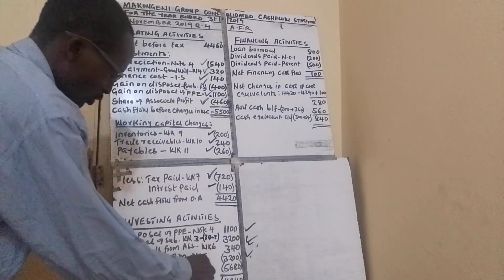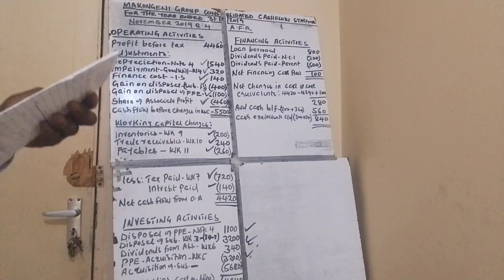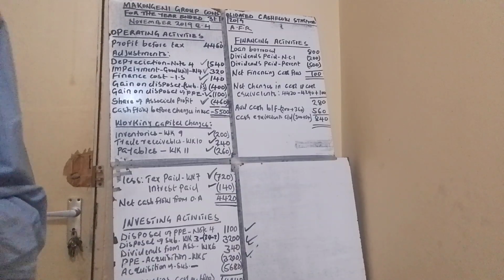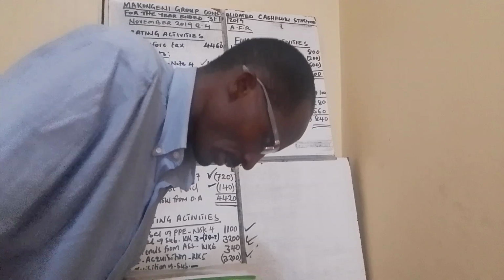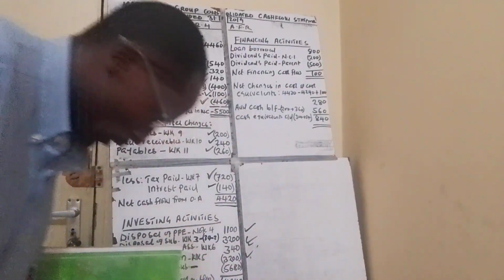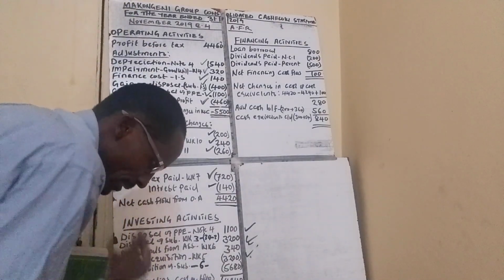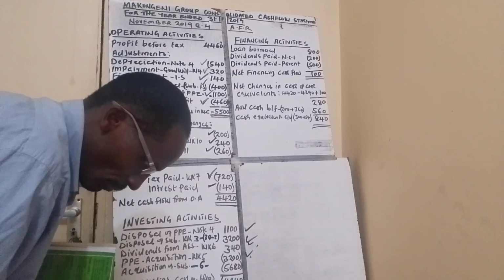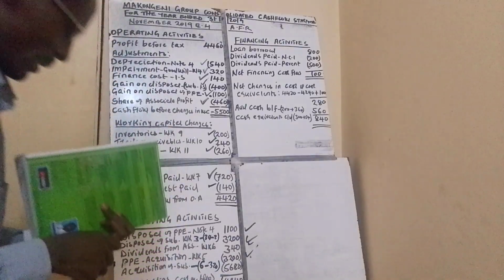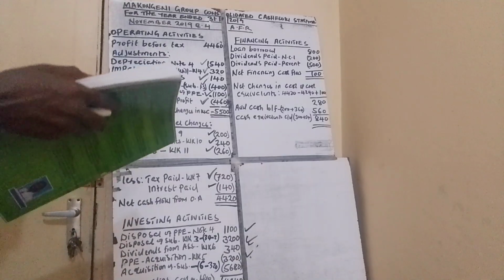Then acquisition of subsidiary. When we acquired the subsidiary, how much did we spend? We spent 5680 to acquire the subsidiary. Can you confirm that? Acquisition of subsidiary, you take 6,000 minus 320. Which subsidiary was that which we acquired?